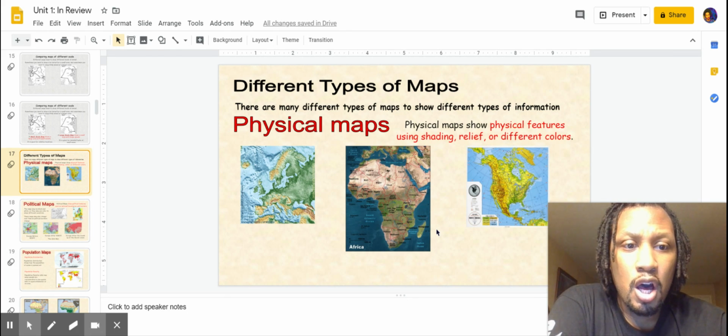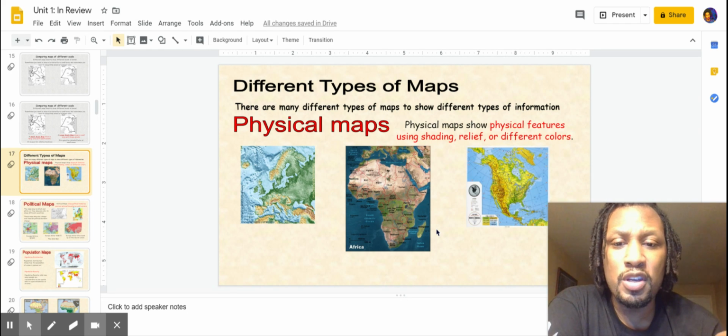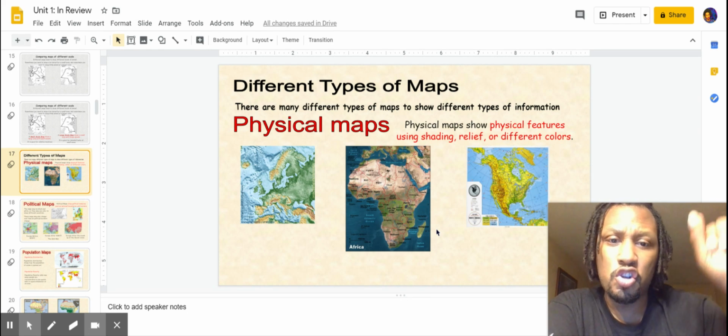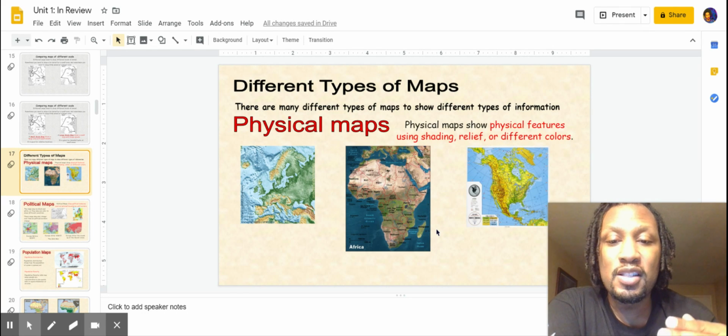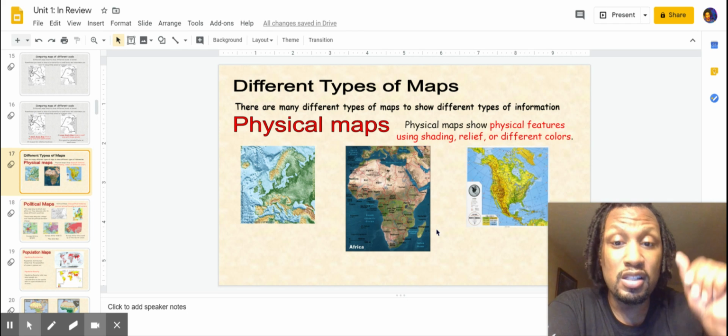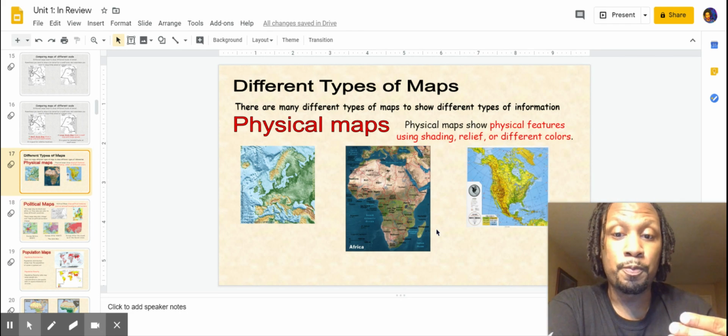What you're seeing in the first map is kind of like a topographical map because it tells me that certain things are raised, and I also see the color. So by seeing that certain things are raised and the color, I'm able to determine that that is a mountain.